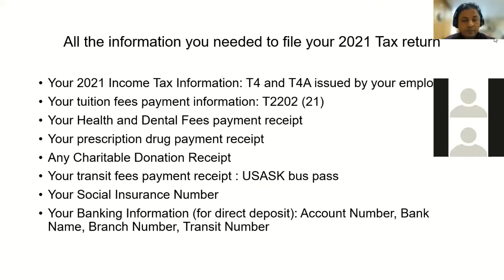If you have no income, you may not be paying any tax to the government, but you may be eligible to receive some tax benefit or government subsidy money if you submit your tax return. That is why it is important. Let's say you are a graduate student with income, but your spouse does not have any income; you can still submit your tax return, and your spouse may be eligible to get some tax credit from the government.